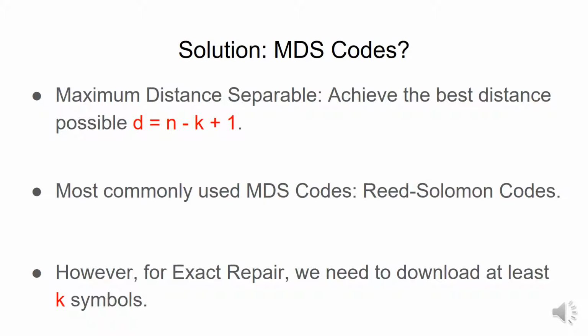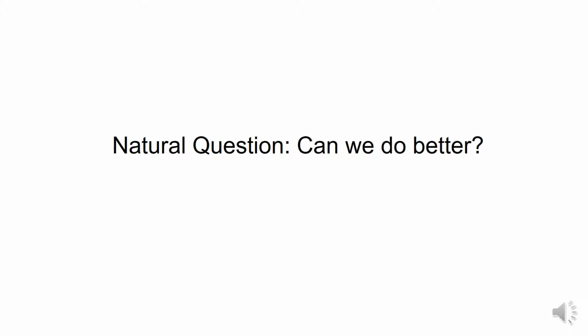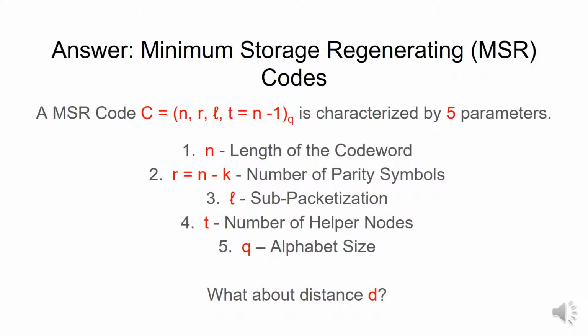So it's only natural that they are not specialized for this exact repair. So can we do better? Can we have codes that are specialized to handle this? Yes, of course, else this video wouldn't exist.